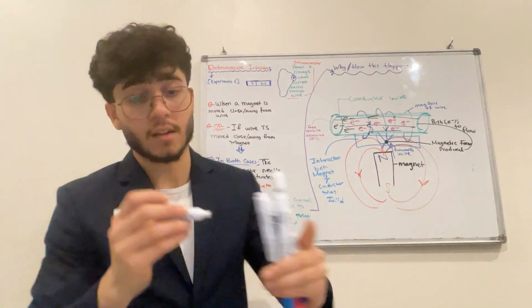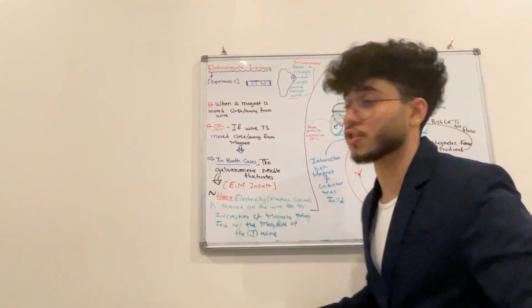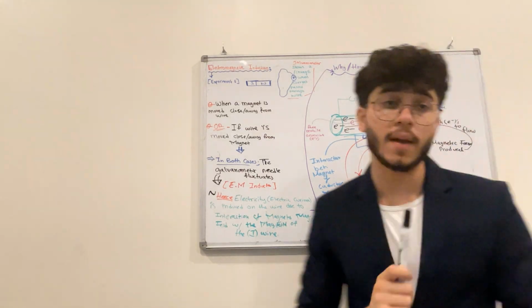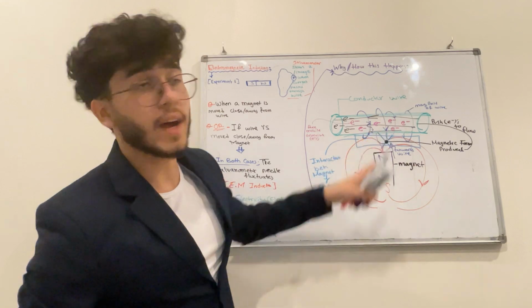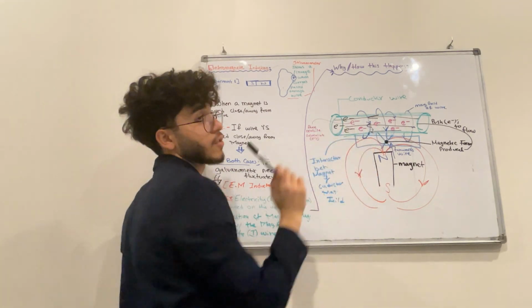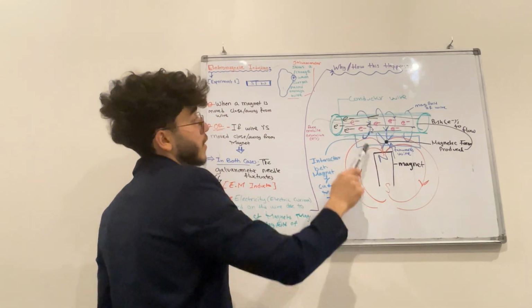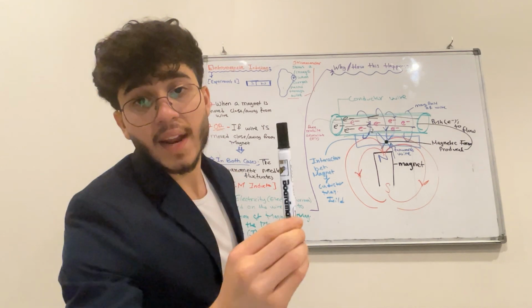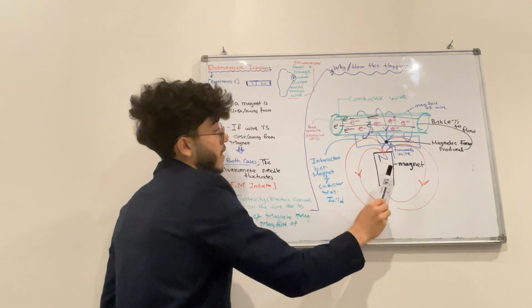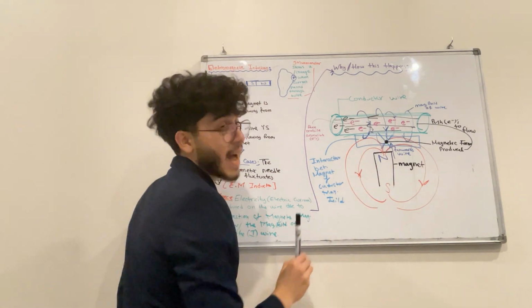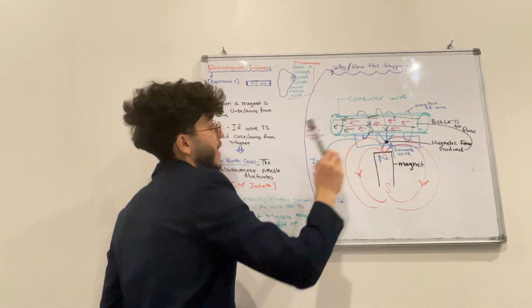Again, from the beginning, what is happening in electromagnetic induction? We have a magnet, okay? The magnet has a magnetic field around it. We have a current carrying wire. A conductor always has electrons inside it, and it has a magnetic field around it. There is interaction between the magnetic field of the magnet and the magnetic field of the current carrying wire.